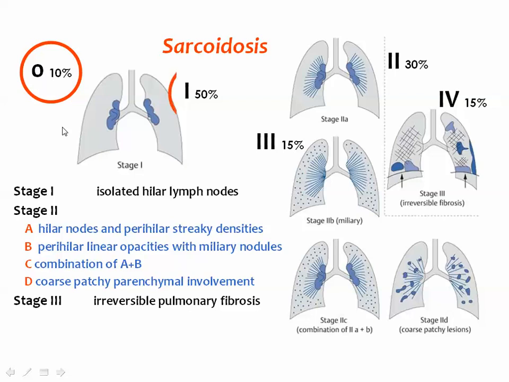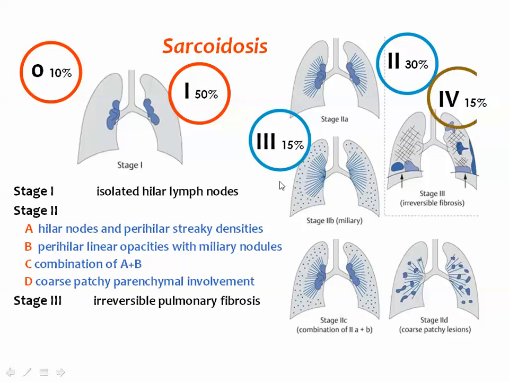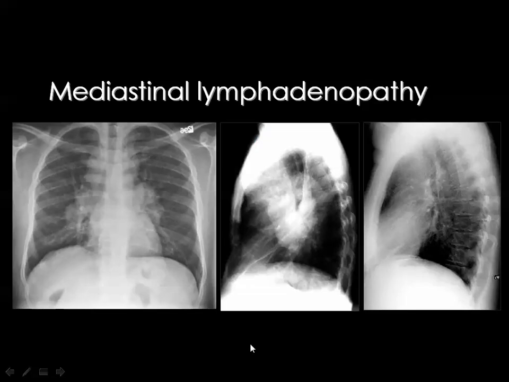Stage 1 with hilar and mediastinal lymphadenopathy. Stage 2 with mediastinal lymph nodes and interstitial opacities. Stage 3 is the interstitial opacities together with lymphatic nodular distribution, and stage 4 is the end stage or irreversible damage of the lung.